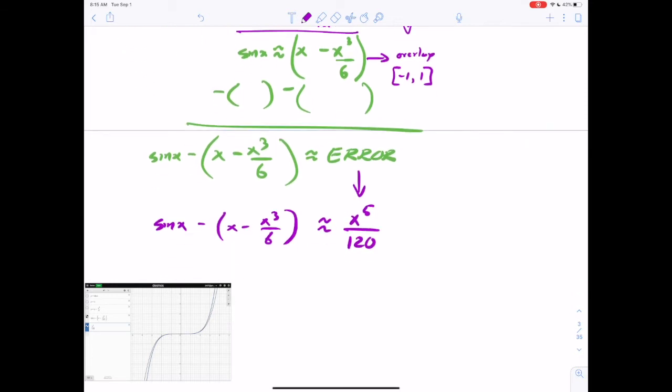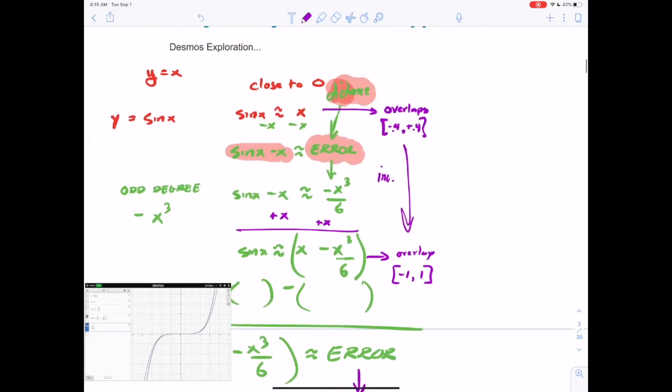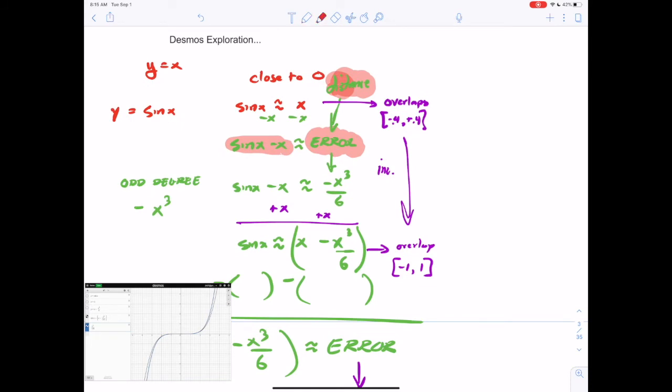What I'm doing here is I'm looking at the overlap and then I'm analyzing the error. Okay, and once I can find out what the error is, I could slowly improve my function from the beginning. Remember, I started off with just x right here. And then I improved it to x minus x cubed. And what I'm doing is I'm trying to make it better and better so that it starts to mimic the sine function more and more and more and more.